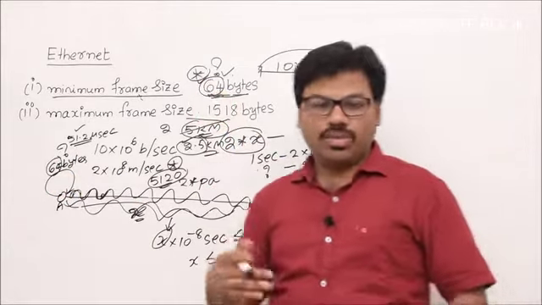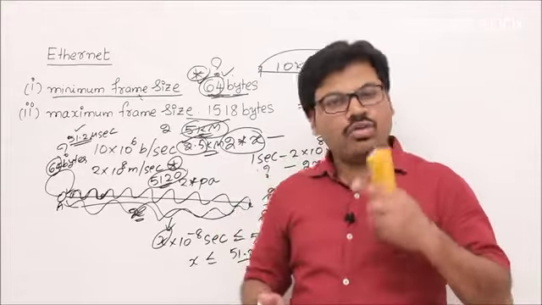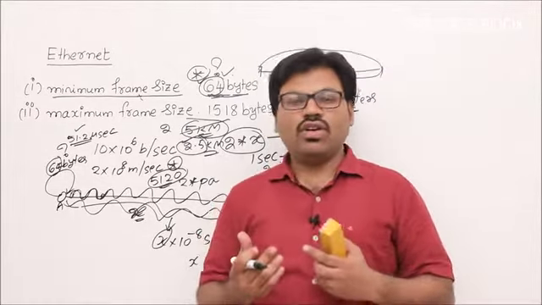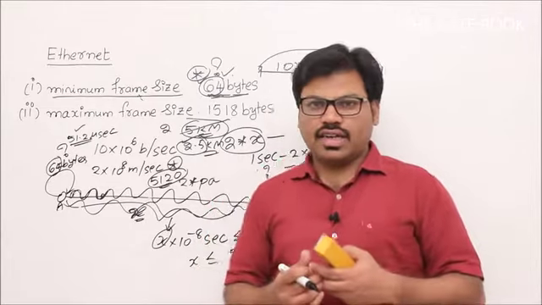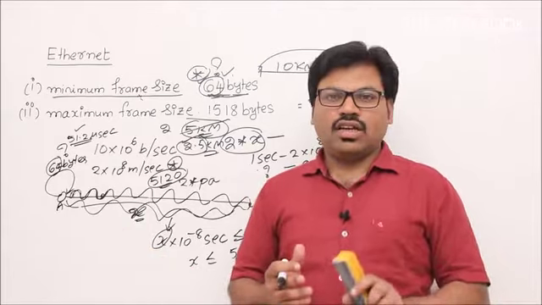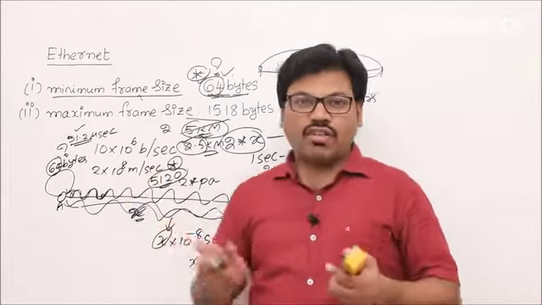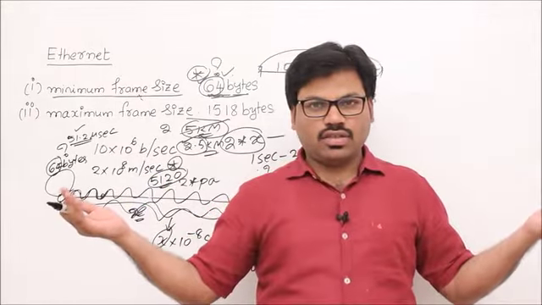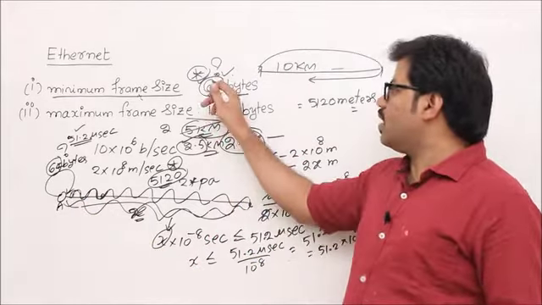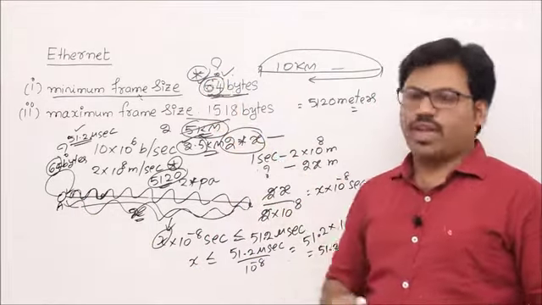Typically, how do standards come into the picture? I will tell you. Whenever creating a standard, the committees listen to a lot of groups. For example, one group says we have a LAN with 3 kilometers, 2 kilometers, 1 kilometer. Based on that, they put this kind of frame size.